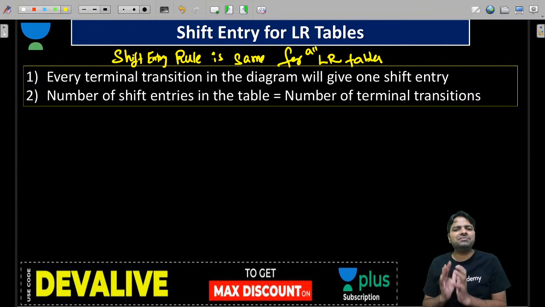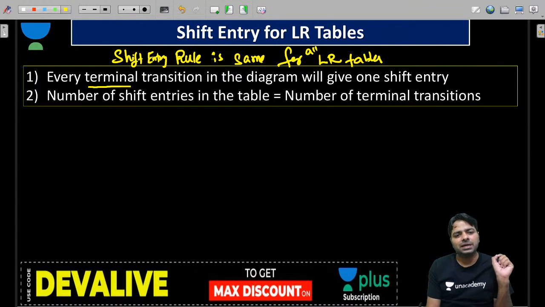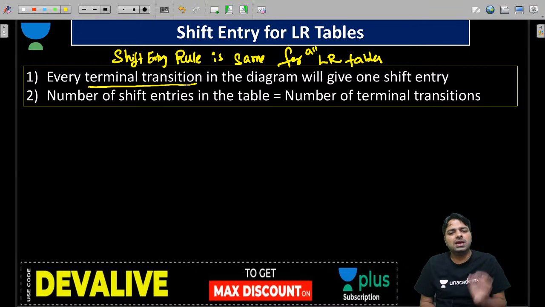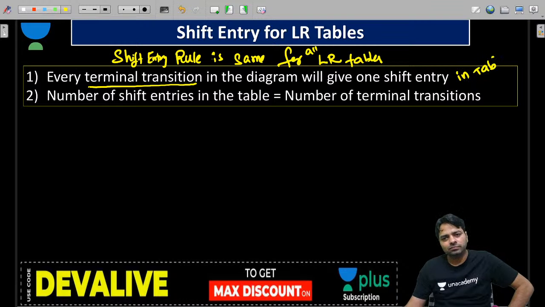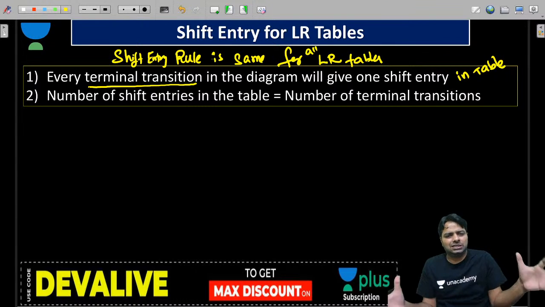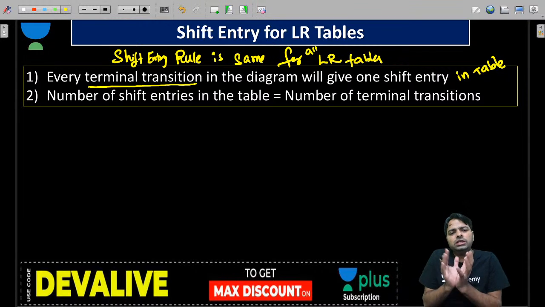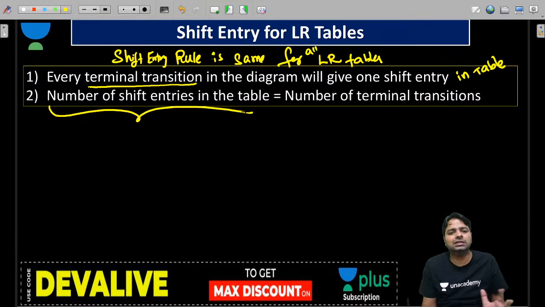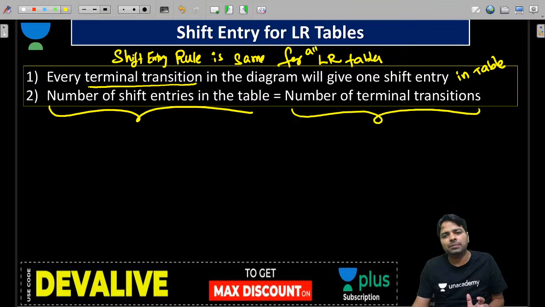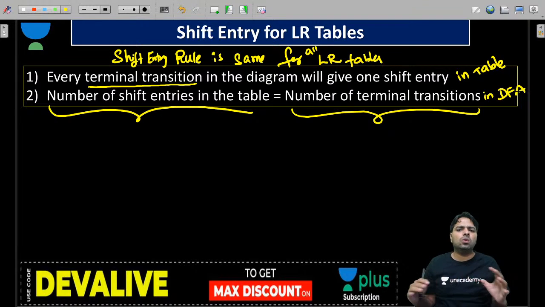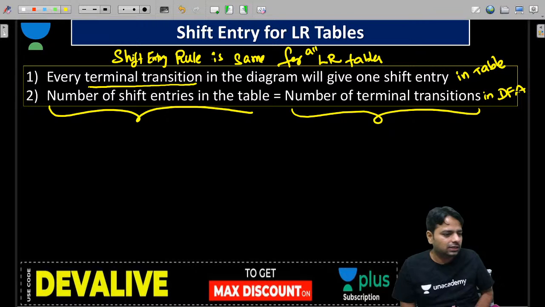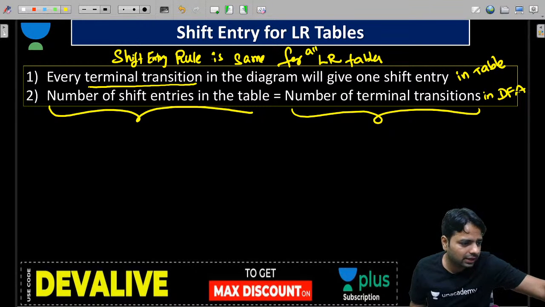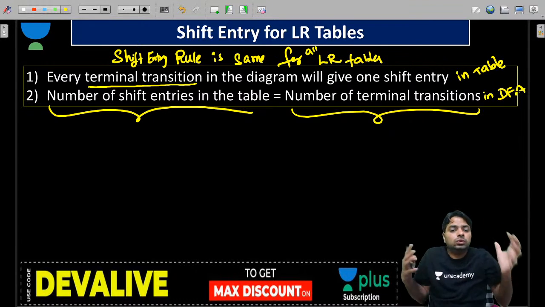And when you look at the shift entry for LR tables, every terminal transition of the diagram will give one shift entry in the table. So if I have, let's say, 10 terminal transitions, then you will have 10 shift entries. If anybody asks how many shift entries are in the table, just look at the diagram, the number of terminal transitions in your DFA. So this principle is the same for all LR tables, whether it is LR0, SLR1, anything, doesn't matter to us. Is that clear?